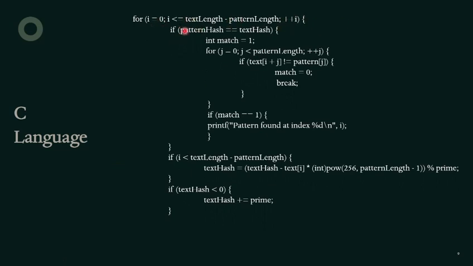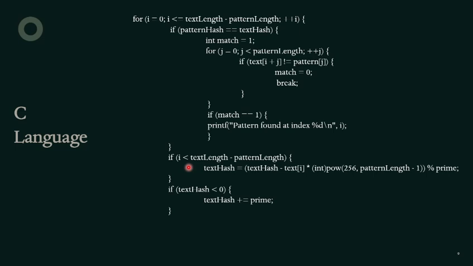Now here we are going into a loop if the pattern's hash values are equal. As we saw in the diagrams, we will check the characters of the pattern and the text one by one, and if they are equal, then we will print that the pattern is found at index i. And now we won't stop the program.